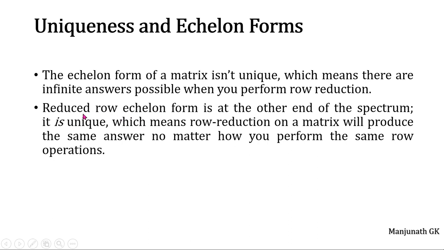A reduced row echelon form is at the other end of the spectrum. It is unique, which means a row-reduced matrix will produce the same answer no matter how you perform the row operations. The conclusion is echelon form can have multiple answers, but reduced row echelon form will have a unique answer. Let us see what we mean by reduced row echelon form now.